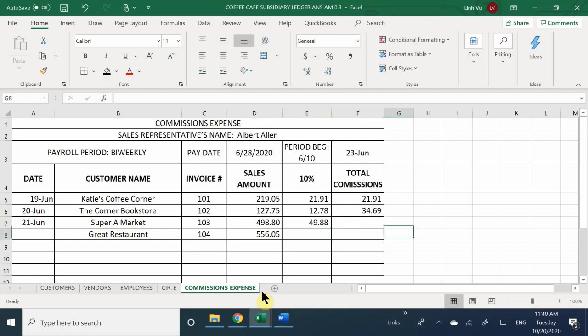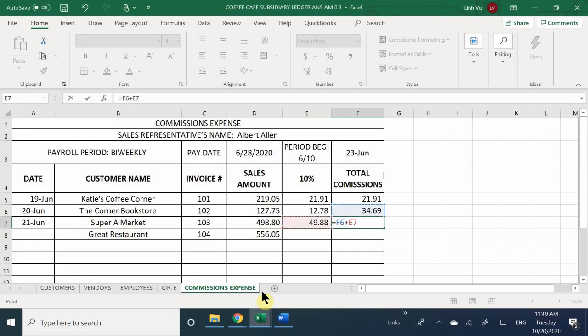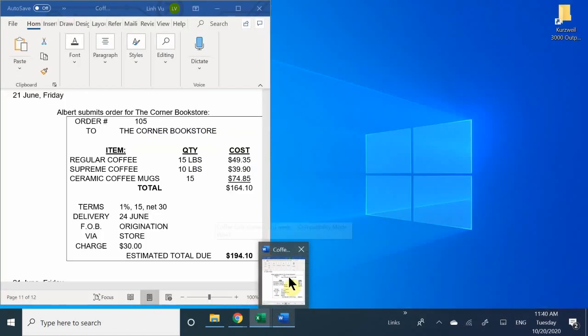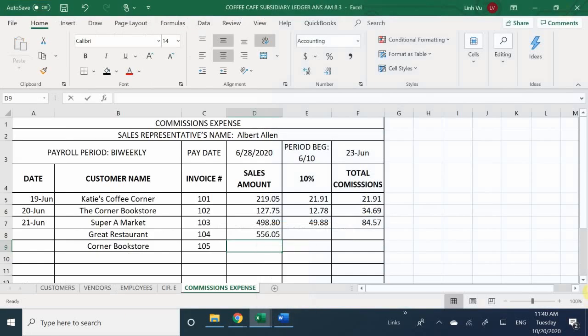So therefore, his total commissions that we currently owe him is $84.57. Okay. So now Albert submitted another order for the corner bookstore. And this is invoice 105. And how much is the bill out for? $194.10.